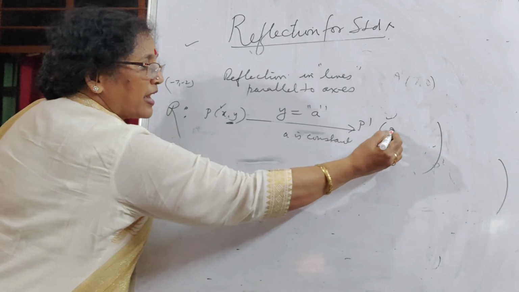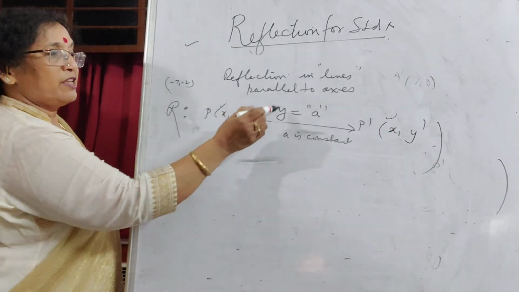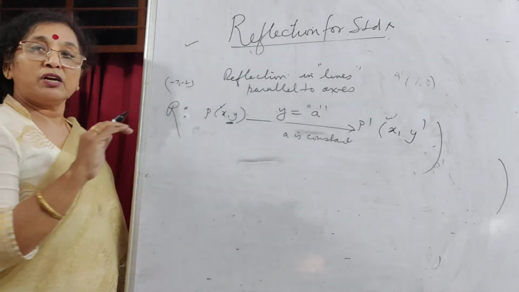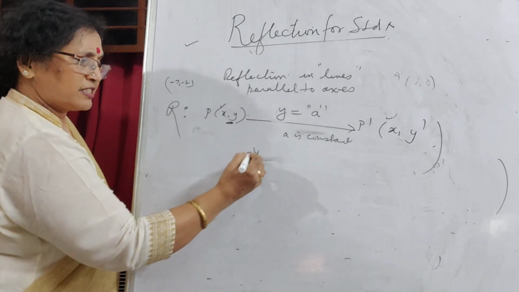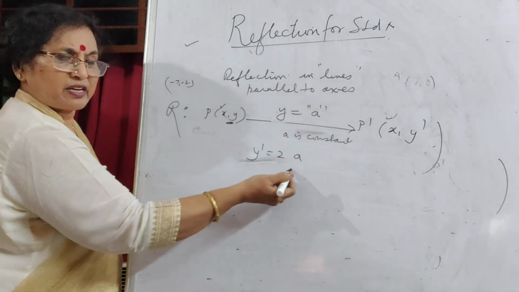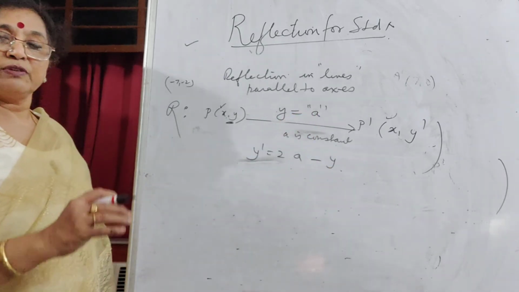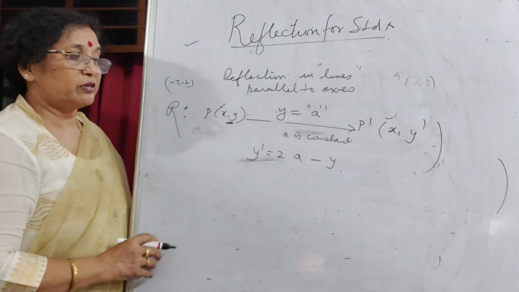So x won't change, y will change. The y's will change. So that means the horizontal distance won't change. Right? So you will write y dash, same thing, twice a. There it was twice k. If it's k, you put twice k. Minus y. No x. Y will have only y's, x's will have only x's. Okay? Right, children?